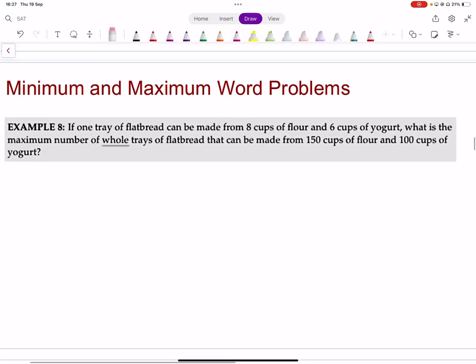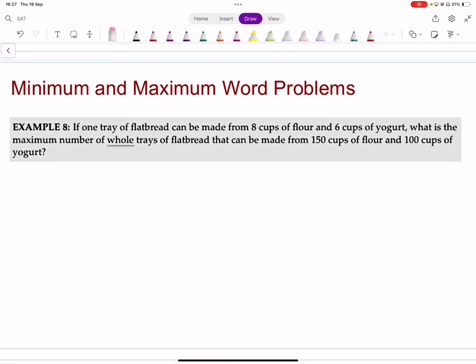All right, let's have a look at this quickly. If one tray of flatbread can be made from 8 cups of flour and 6 cups of yogurt, what's the maximum number of whole trays of flatbread that can be made from 150 cups of flour and 100 cups of yogurt? Take a minute, everyone, try to think about this.